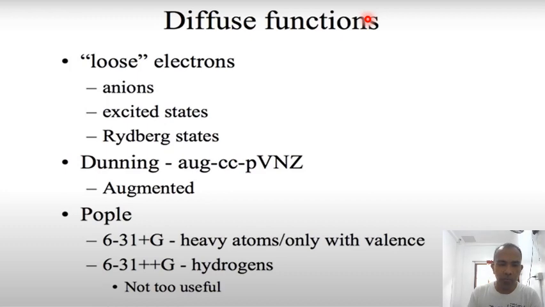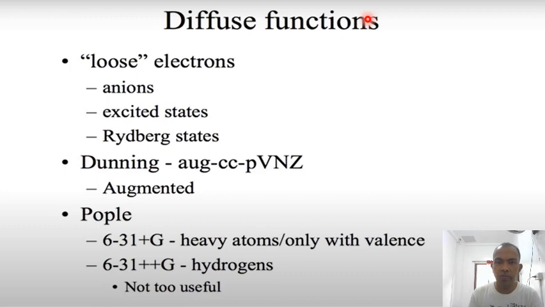Otherwise, it's usually a waste of time and introduces instability from functions that are hard to distinguish from one another in the SCF equations. That's all you really need to remember about the notation.